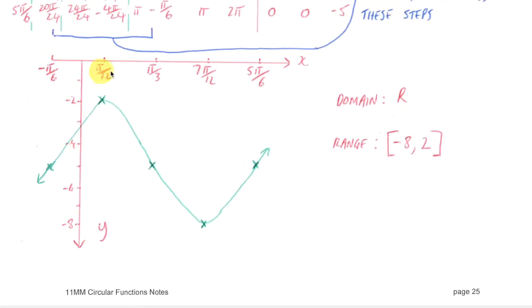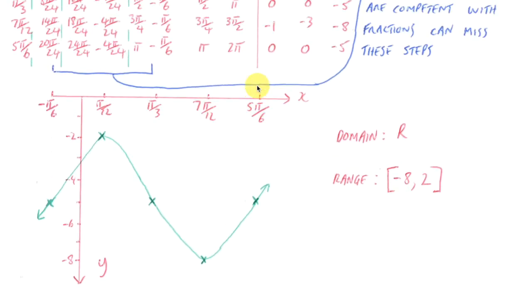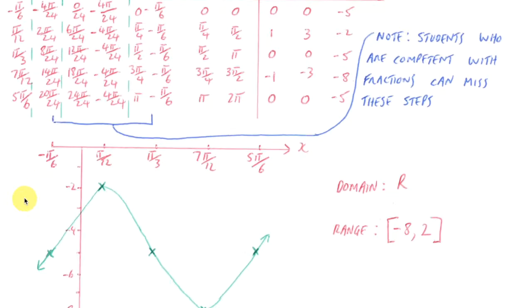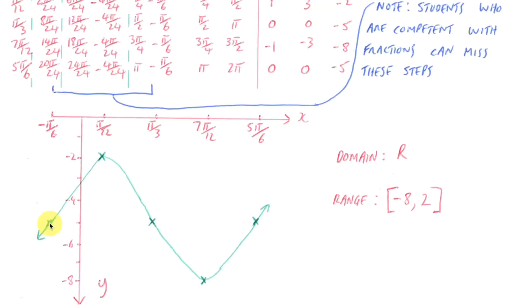So that allows us to set out along the x-axis, but don't put these values in with a denominator of 24. Instead, put them in their simplest form. Then just put in the corresponding y values, and away you go, it's done.